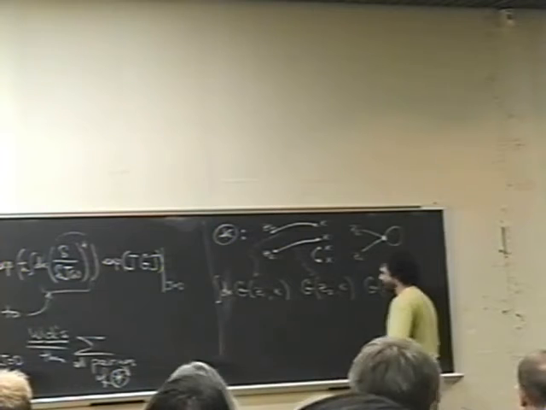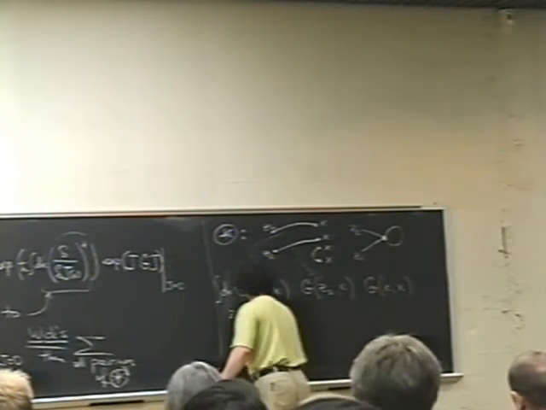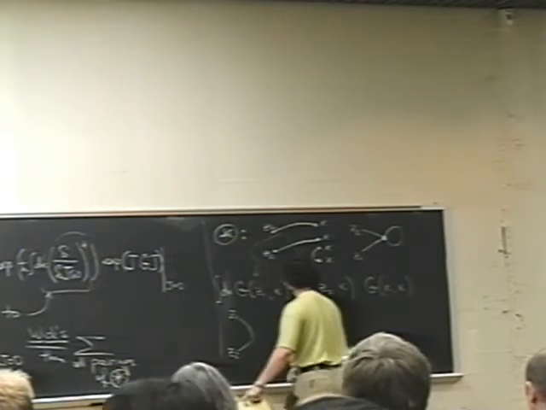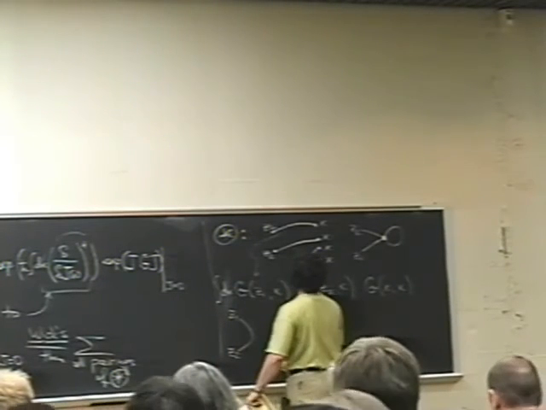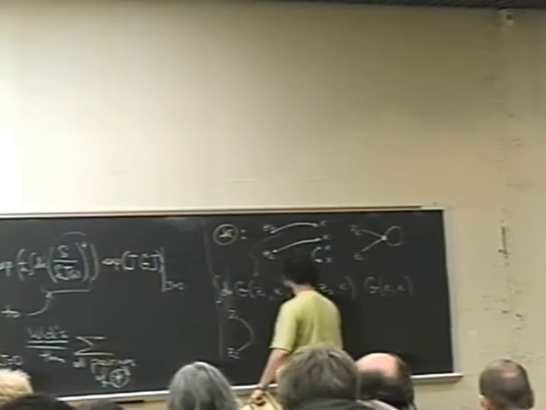Now, again, there will be the question whether there is also a graph which will look like that: Z1, Z2, and... what can I do?